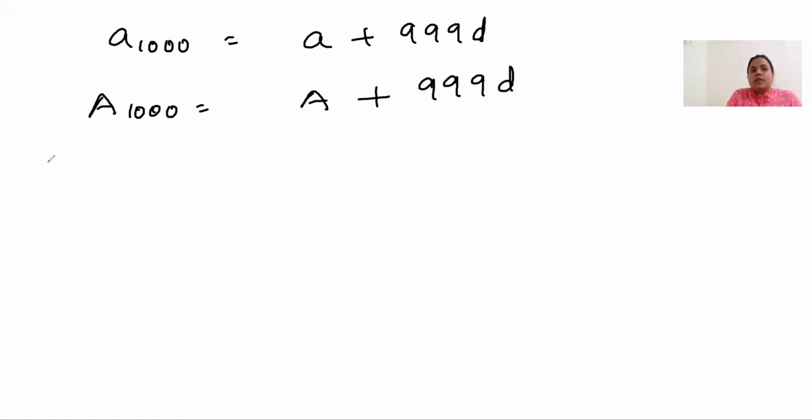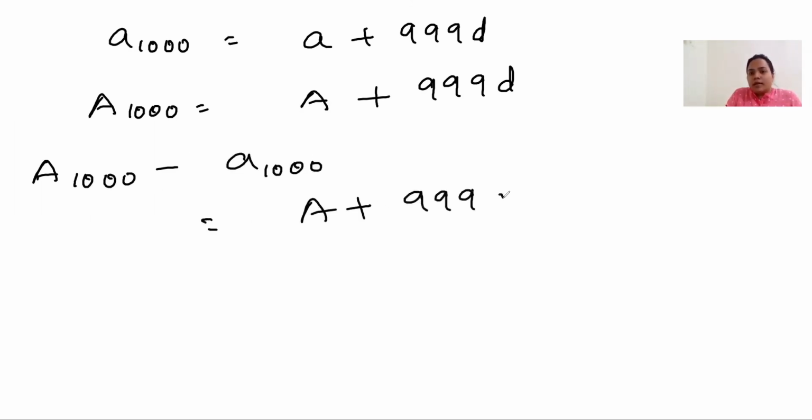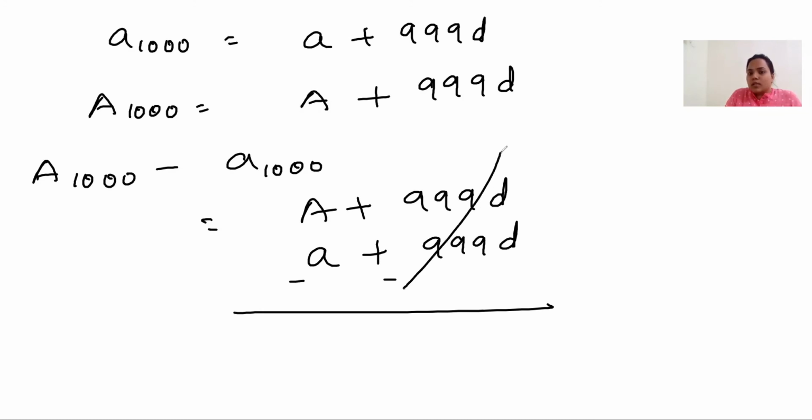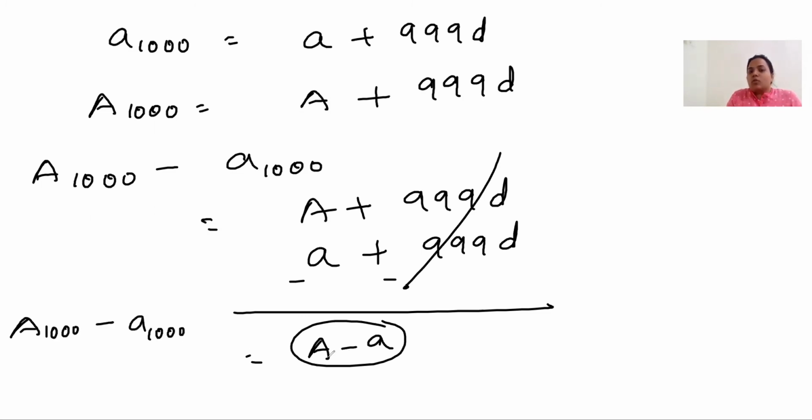I have to find the difference, which means A1000 minus capital A1000. This will be equal to A minus capital A, and this is equal to 100, as we have already got in the previous equation.